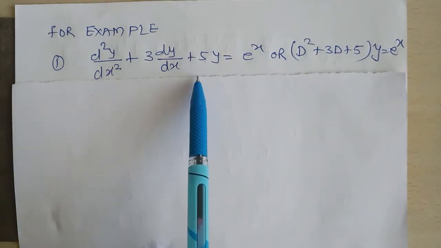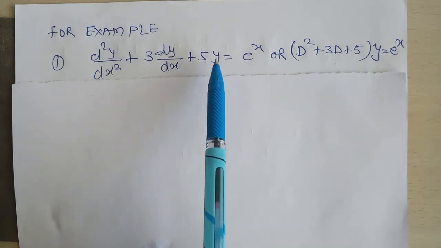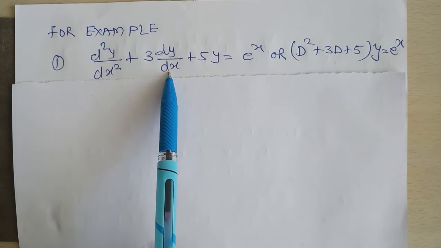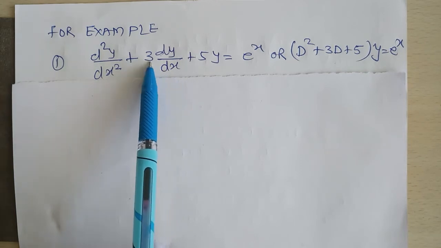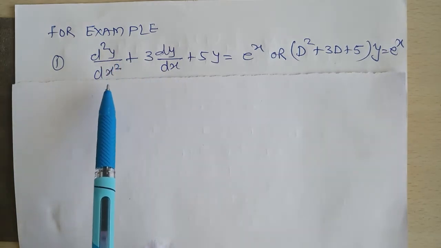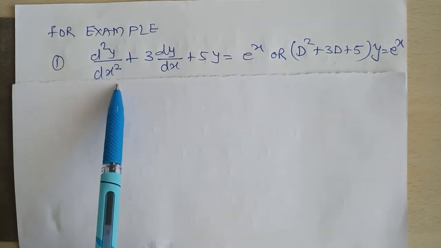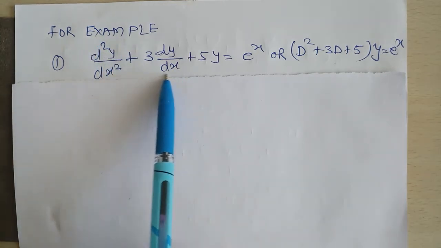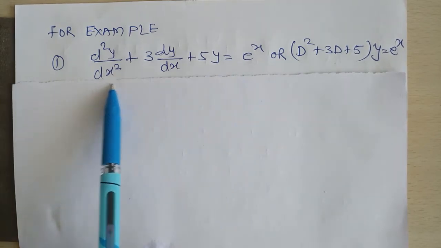The coefficient of y is 5, the coefficient of dy by dx is 3, and the coefficient of d2y by dx2 is 1, all constants. So this is a linear differential equation with constant coefficient.